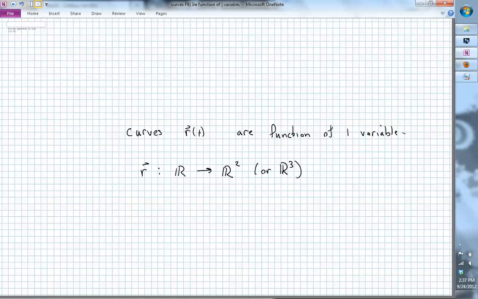It's part of regular notation in mathematics. So what we've been looking at with curves are functions that take a single value t and output a value in 2 or 3-dimensional space. Does that make sense to everybody? What we want to do in this chapter is reverse that.